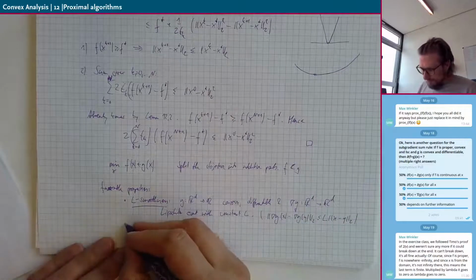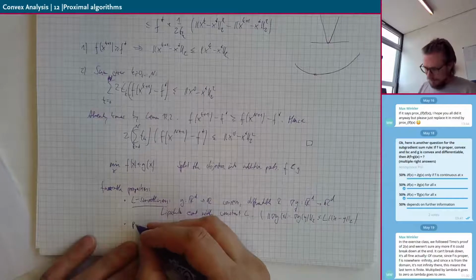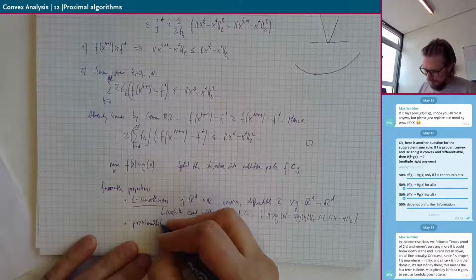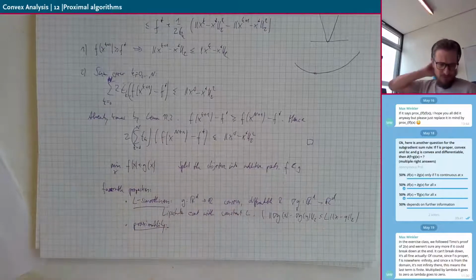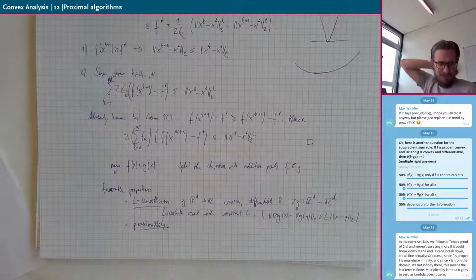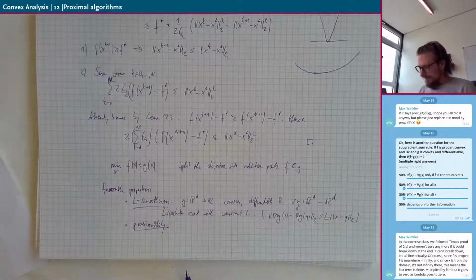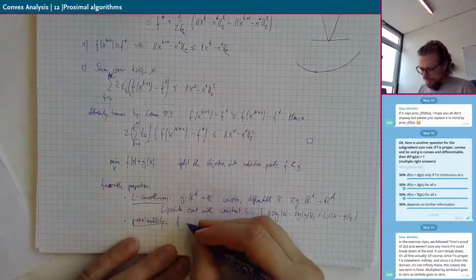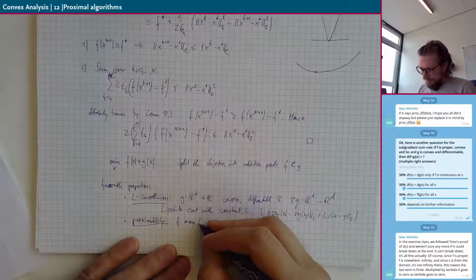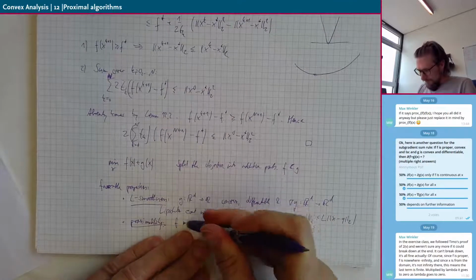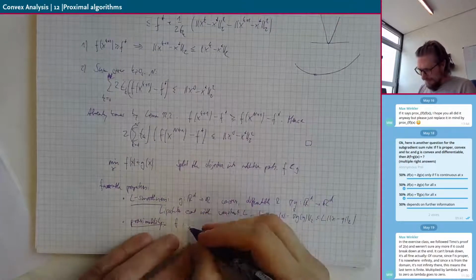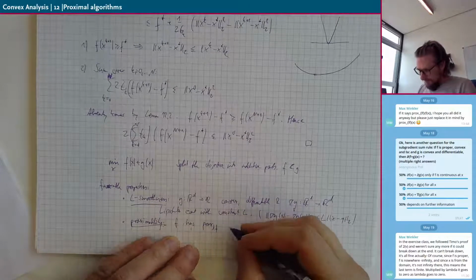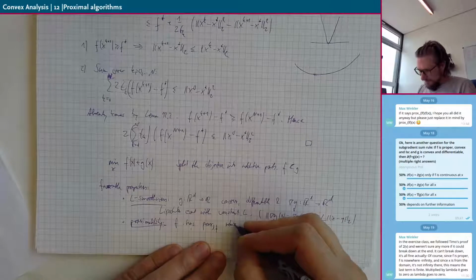Okay, and the other property is proximability. This is not so strictly mathematically defined. What it says is that f has a prox of lambda f which is simple to evaluate.